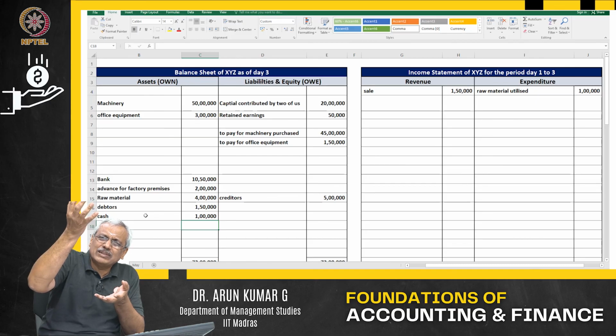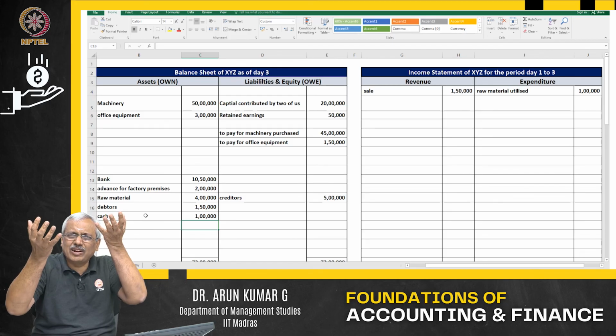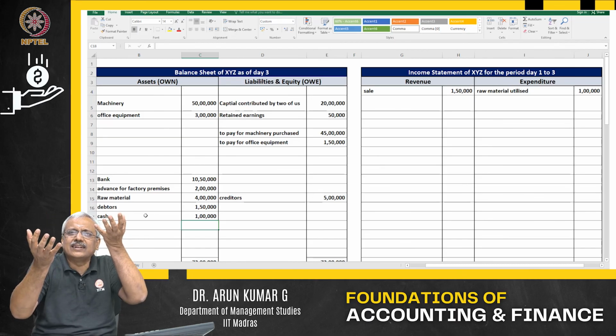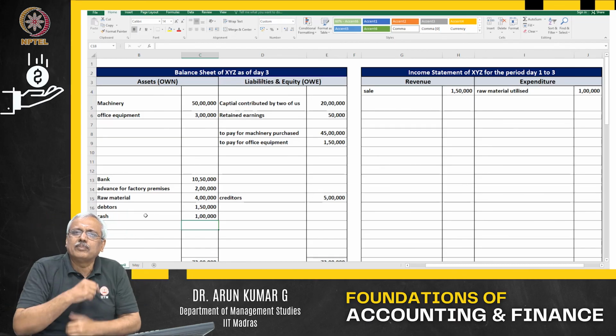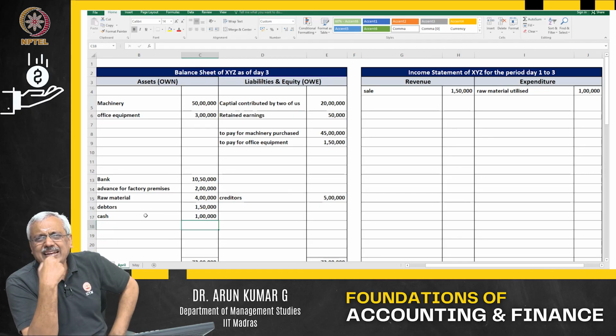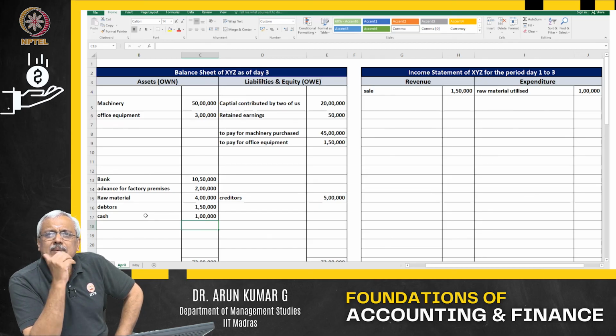I have to pay for the machinery, my liability increased. By how much? Not the equal amount, because I had paid a little bit from my bank account. So my assets slightly decreased and my liabilities went up. So every transaction, any number of transactions, will impact a minimum of 2 heads out of the 4. So that is what we call the double entry system.